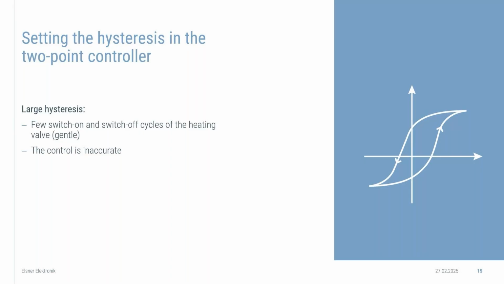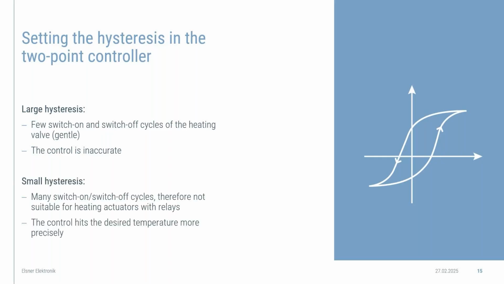One negative consequence is the control is quite inaccurate, because if you remember the hysteresis graphic, it might go up not 1 degree plus minus, but 3 degrees plus minus. So it goes further away from the actual set point and it takes longer to go back to the actual set point, but there will be fewer switch on and switch off cycles, which is good for the actuator. But with the problem, the control is inaccurate.